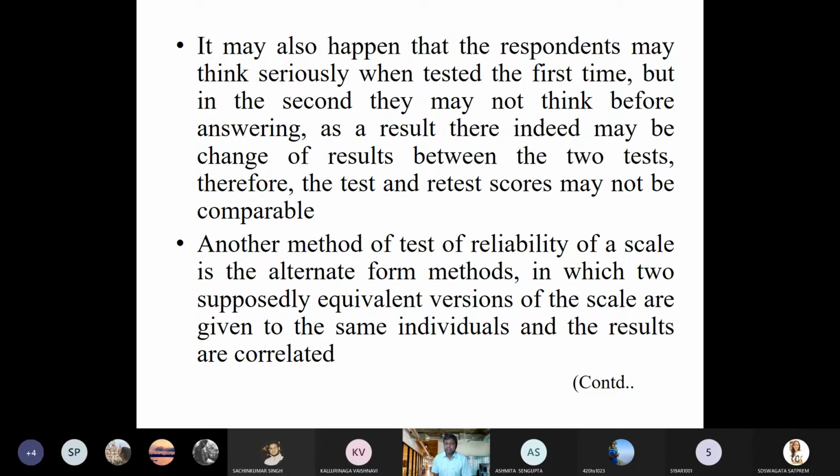Another method of testing the reliability of a scale is the alternate form method, in which two supposedly equivalent versions of the scale are given to the same individual and the results are correlated. Getting my point?